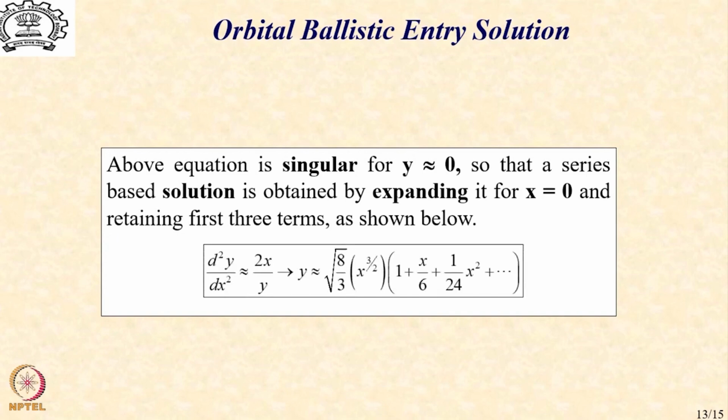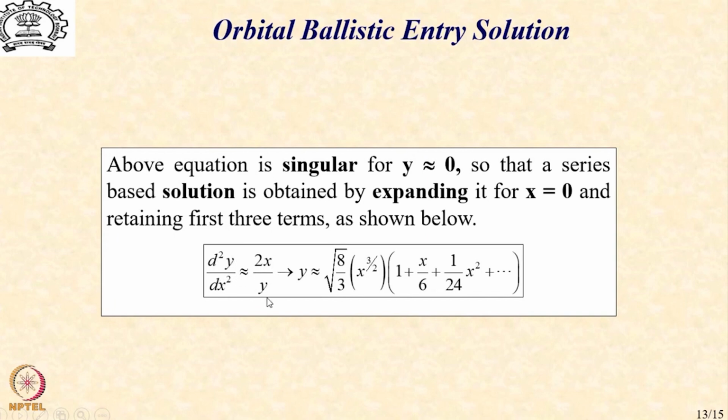In the present case, if we do this expansion, it can be shown that the resultant modified differential equation through this perturbation expansion can be given by d square y by dx square equal to 2x by y.